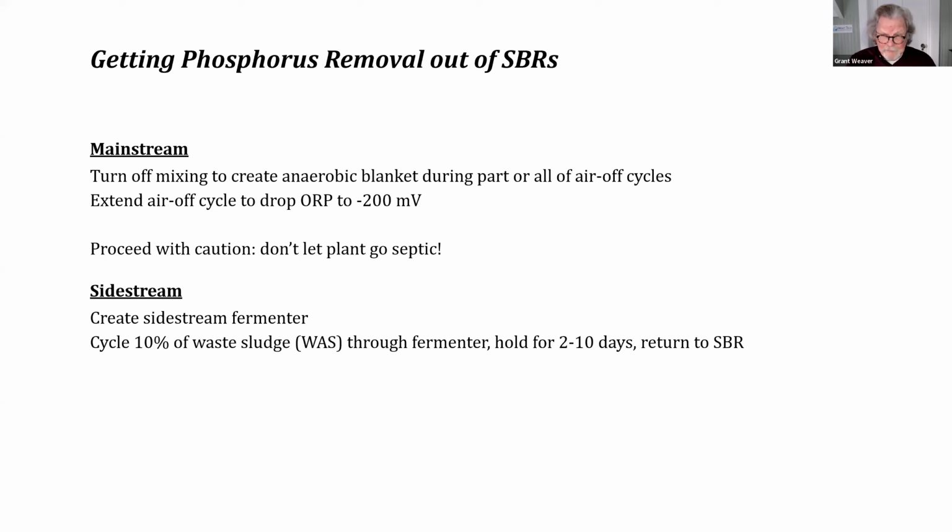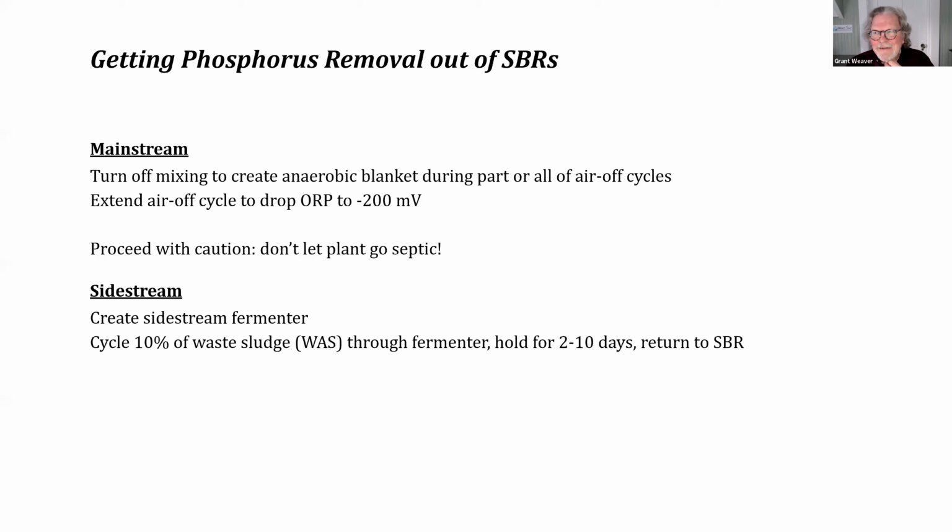Turn the air off and let it cook long enough, I put down 2 to 10 days, just a place to start. Long enough to go to -200, -300 and create septic conditions and volatile fatty acids, with enough bacteria in that waste sludge tank to chow down on those volatile fatty acids. Then pump some of that waste sludge back into the SBR.